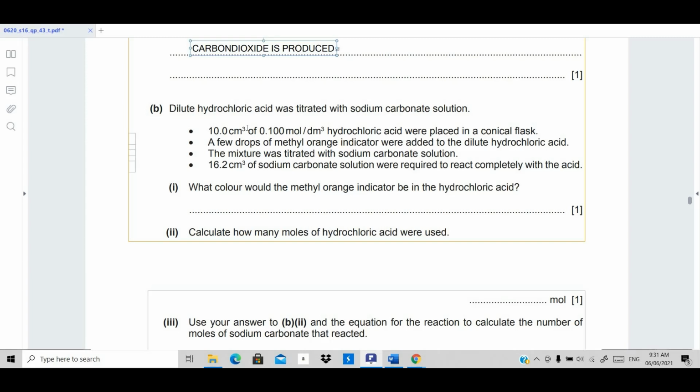Whenever you place methyl orange in these alkaline mediums, it will immediately turn yellow. But in hydrochloric acid, an acidic medium, it will turn red. These are the two variations you need to be familiar with.